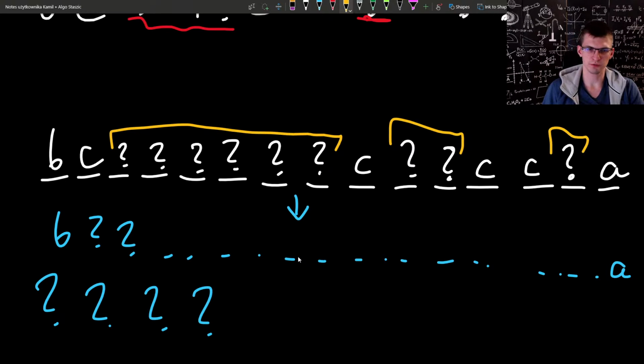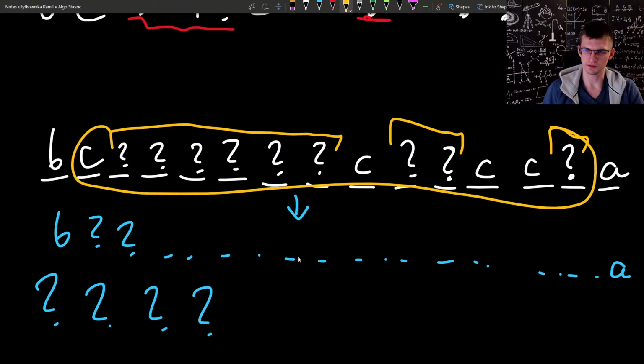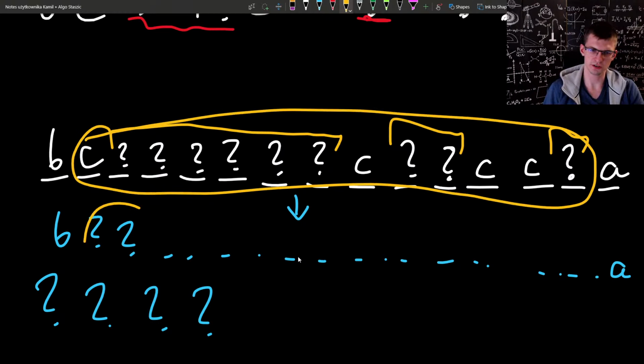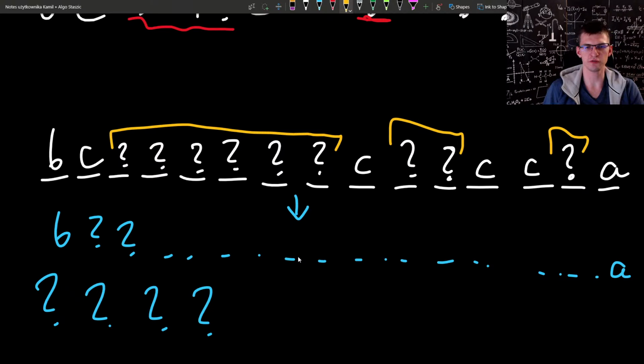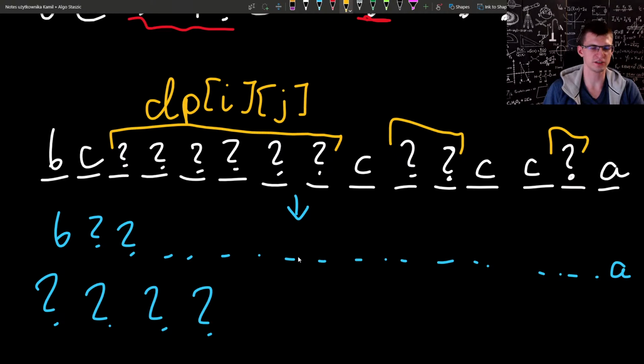The moment when we indeed take this interval and change this into question marks, it means that we already are done with shorter intervals here. So again, it would be nice to know dp of ij, the smallest number of operations to change this initial interval from i to j to question marks.